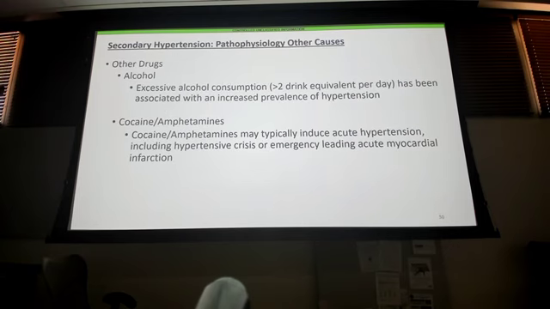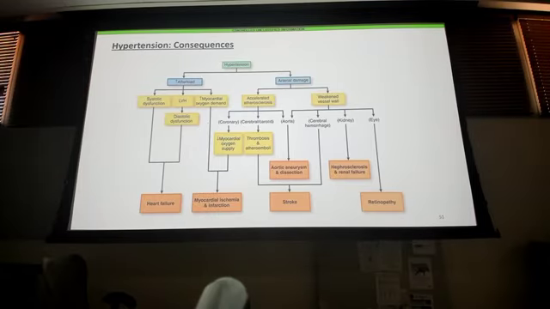Then we talked about alcohol, and excessive alcohol consumption can cause elevations in your blood pressure, but cocaine and amphetamines can also cause your blood pressures to elevate significantly. And then we talked about how, yes, there is a number that we're trying to treat to, but when we talk to our patients about treatment for blood pressure, we've got to tell them about the consequences of not managing this condition.